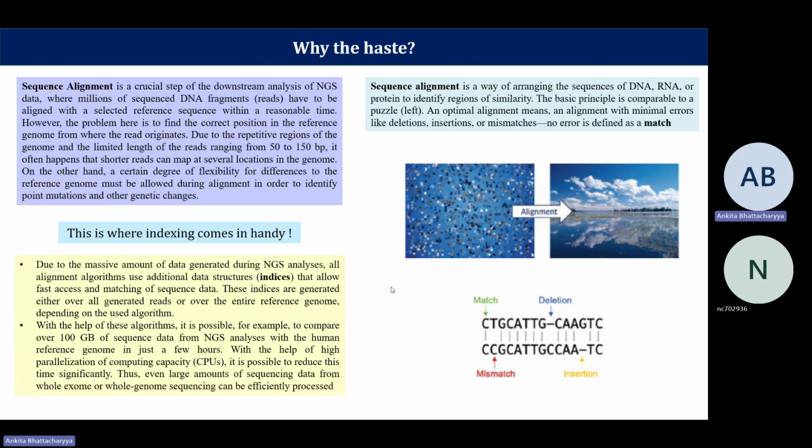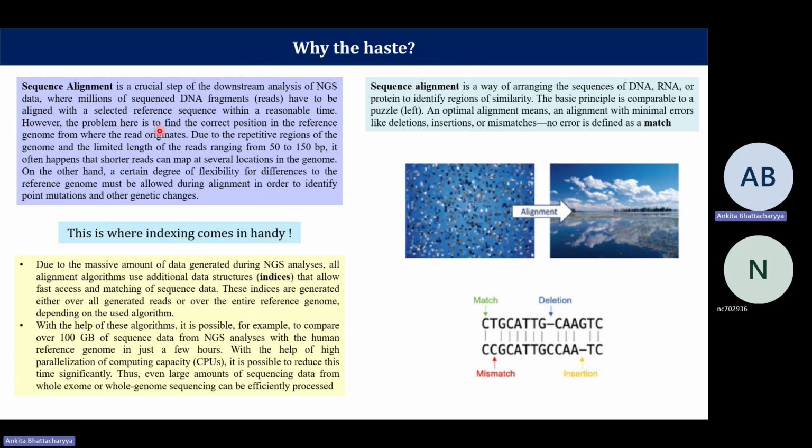Another factor to take into consideration is the amount of time and computational power you dedicate to this step, which should be adjusted to make it most feasible. Like I previously mentioned, this is the major bottleneck in this process: finding the correct position in the reference genome from where a single read has come is very challenging. Why is it especially challenging?